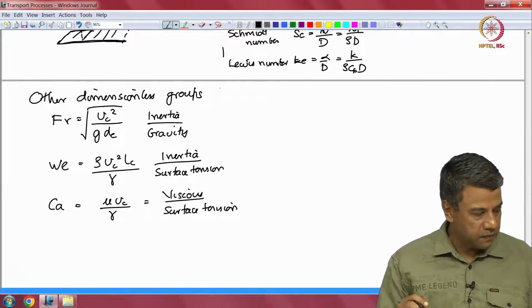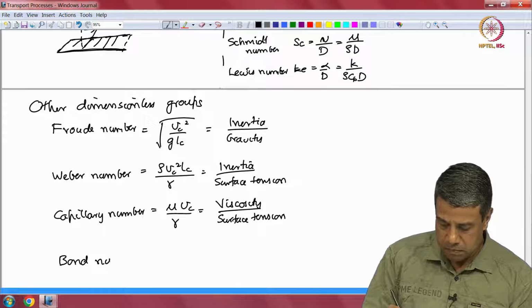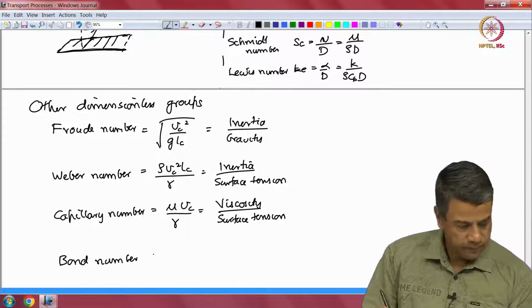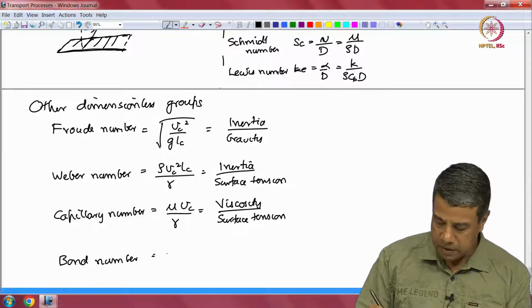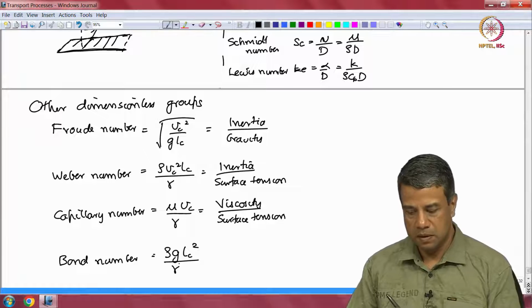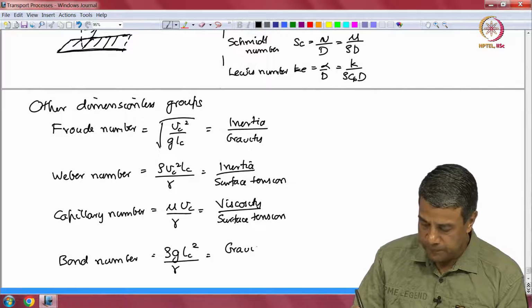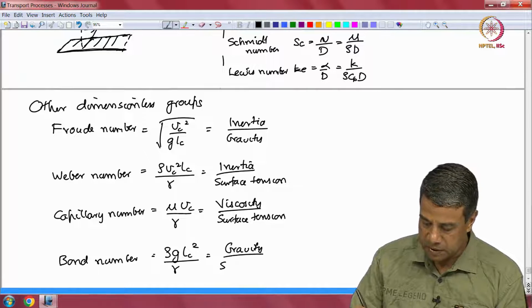And you can also have what is called the Bond number, which is defined as rho g L square by gamma, which is the ratio of gravity by surface tension.